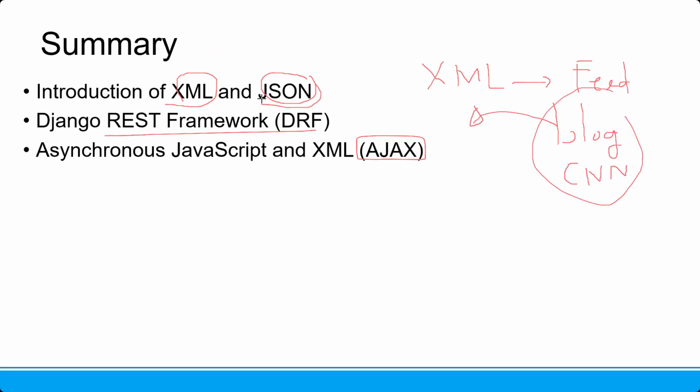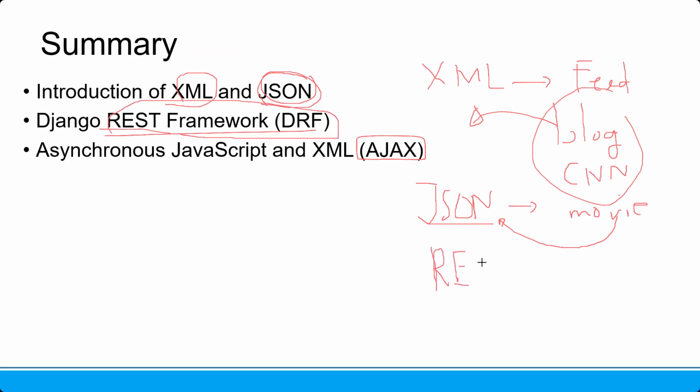So the second example, we used a JSON file. The JSON file was the movies from Thailand. It is in the JSON format and we put it into our website. And for the Django REST framework, we used our own REST framework and showed the data on our web.